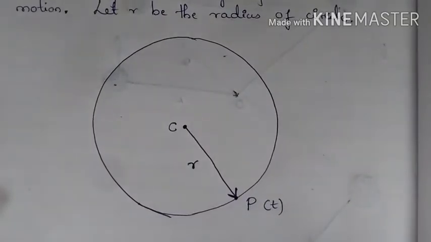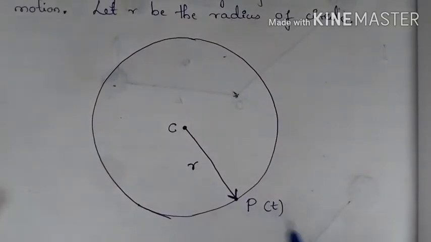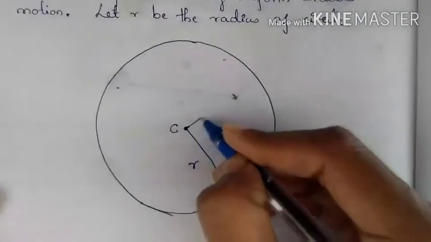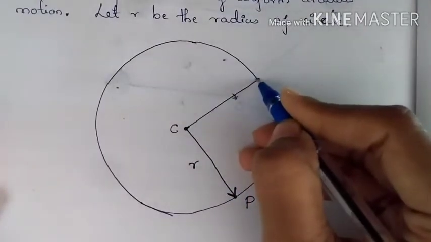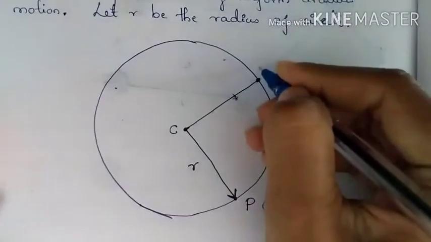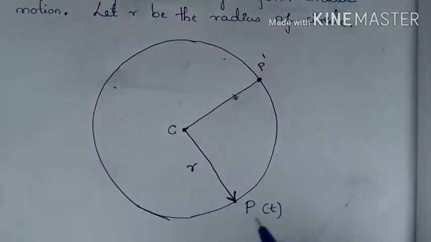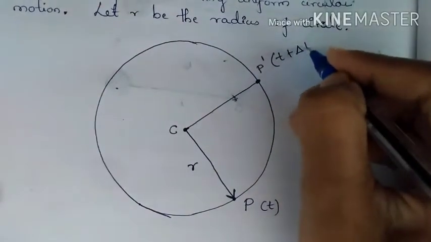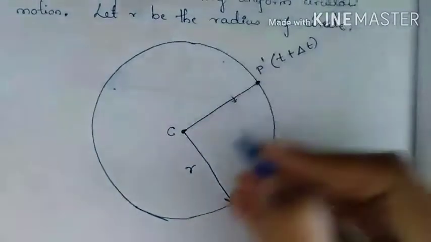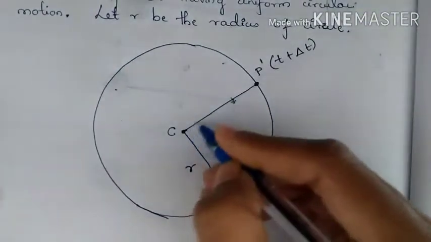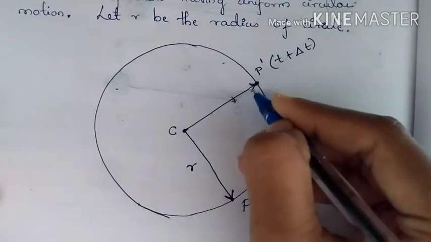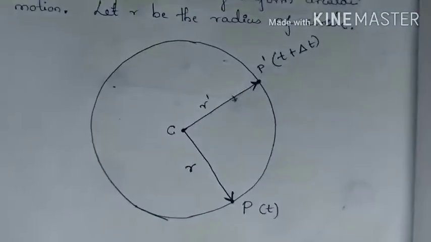Now after time t plus delta t, the particle will be at another point P prime. Let us consider this position vector, which can be denoted as r prime.